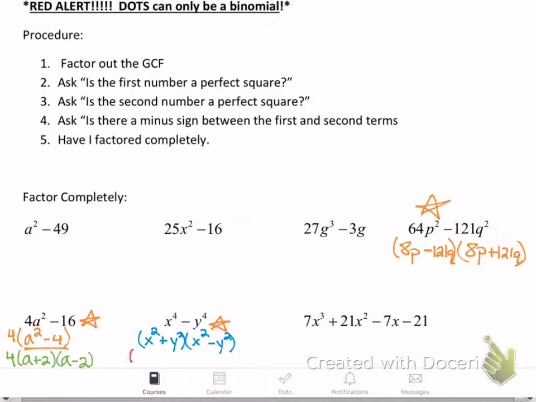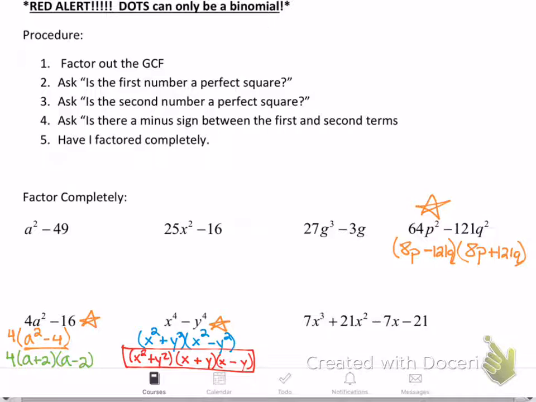So this first factor is just going to have to stay x squared plus y squared. And then the second factor can be split again into two more binomials. The square root of x squared is x, the square root of y squared is y, x and y. And one of them has to be plus, one of them has to be minus. So this one is a little bit trickier when you have the 4th power.